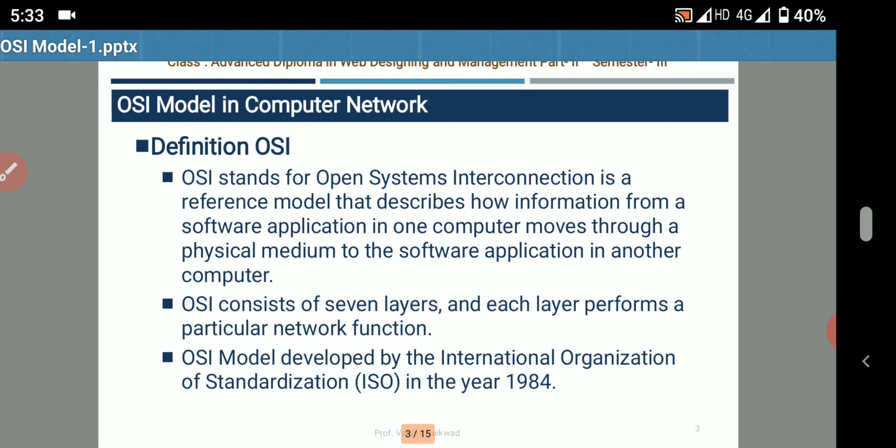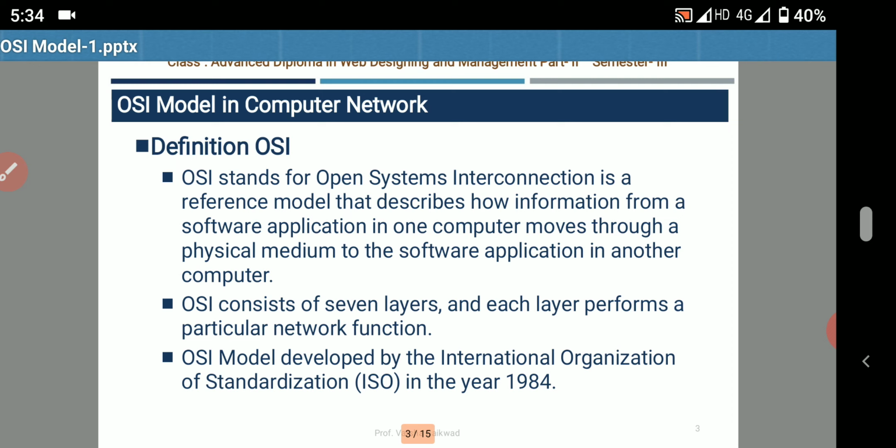I hope you understand now. OSI consists of 7 layers and each layer performs a particular network function. OSI model was developed by the International Organization for Standardization, that is ISO, in the year 1984.